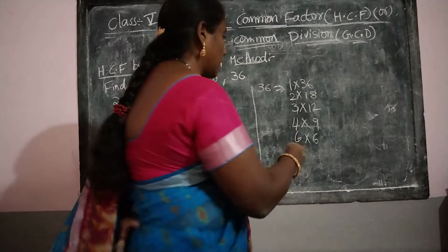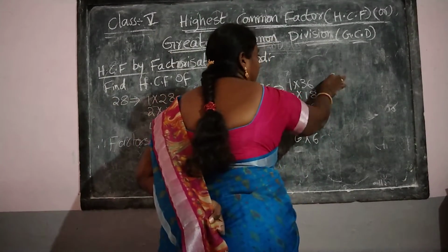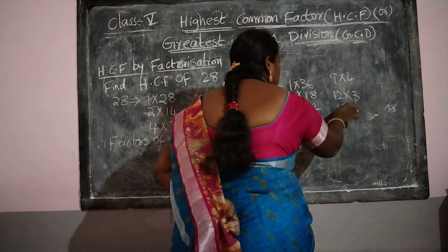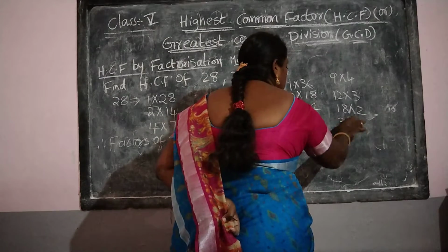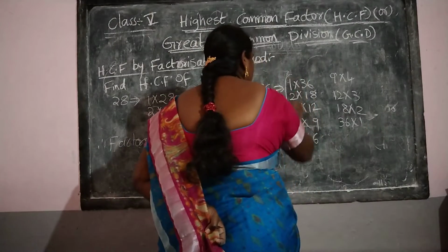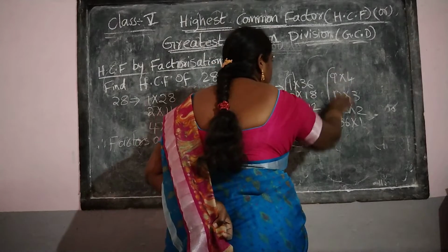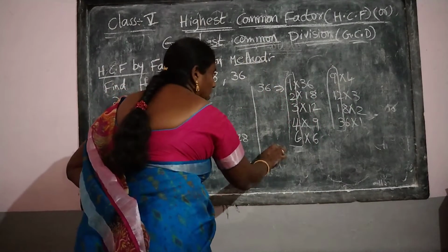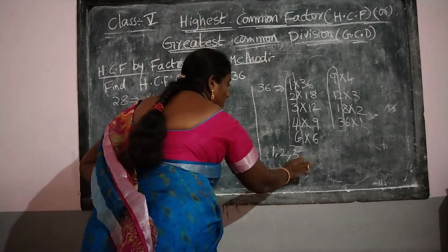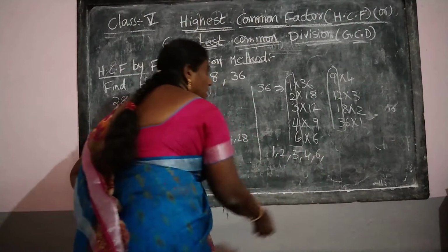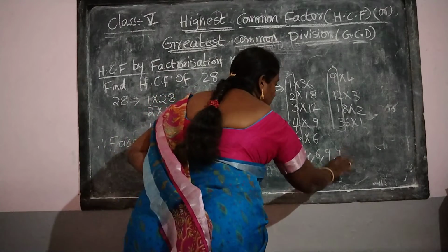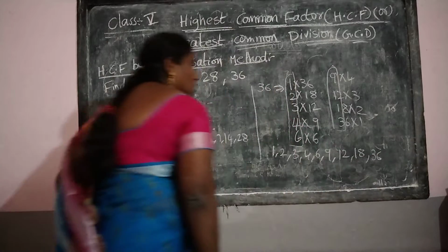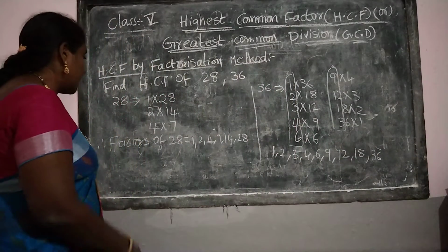These are all the factors of 36. Write down the factors of 36: 1, 2, 3, 4, 6, 9, 12, 18, 36. Up to here, is everyone clear?